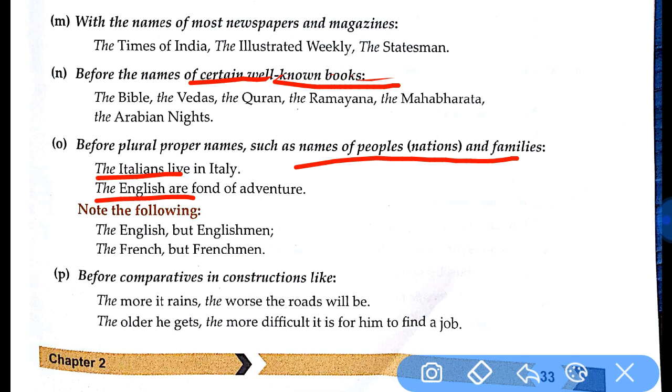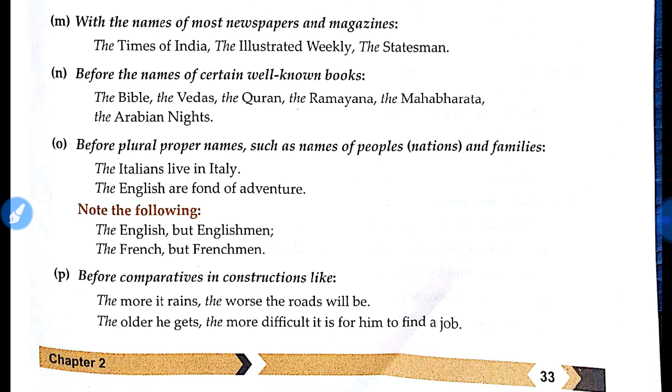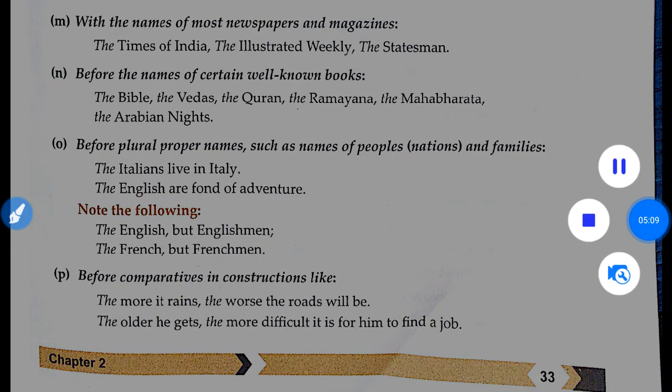Before comparatives in constructions, we have the before the worse, the more, the older, the more. So we have: the more it rains, the worse the roads will be. So we have almost seen the various places where the definite article is used.